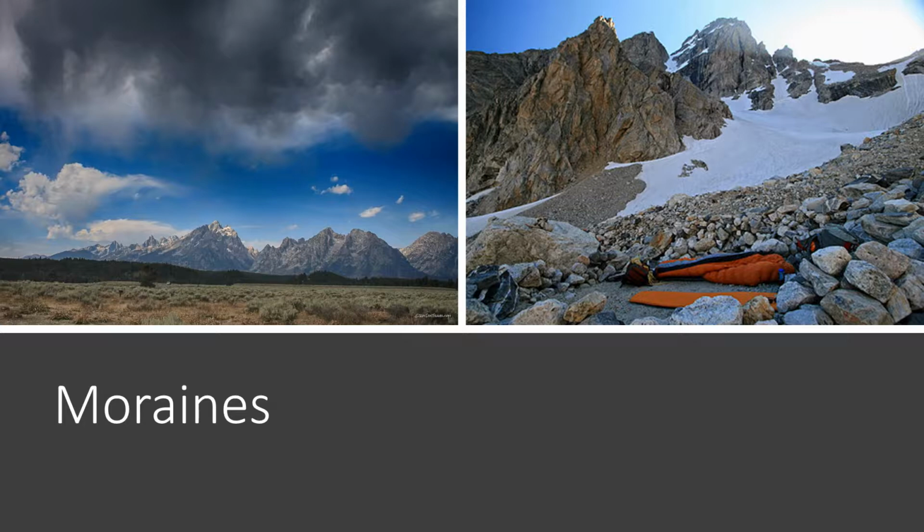So in the Grand Tetons, what you'll see is that in some places in the landscape, you'll have these hills which are covered in vegetation. And what these actually are, are moraines of these past massive glaciers.